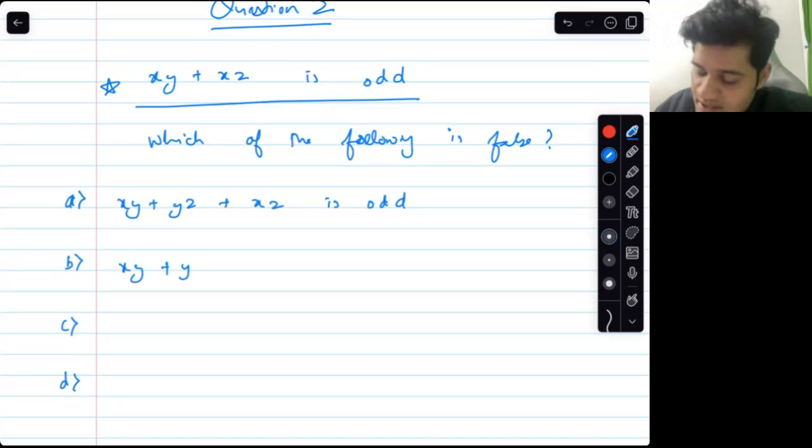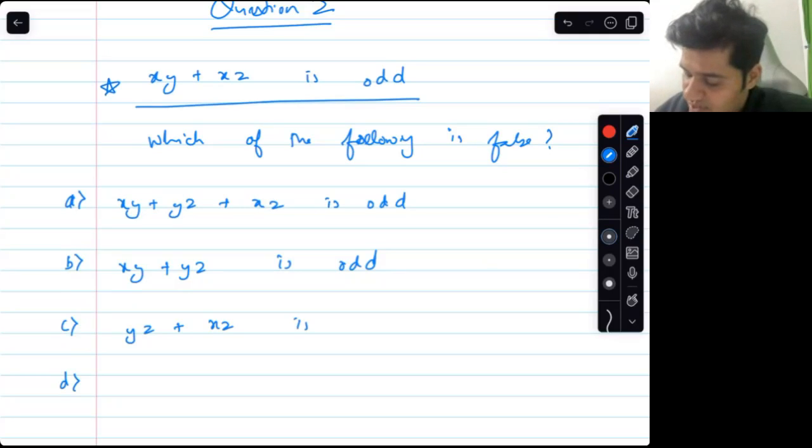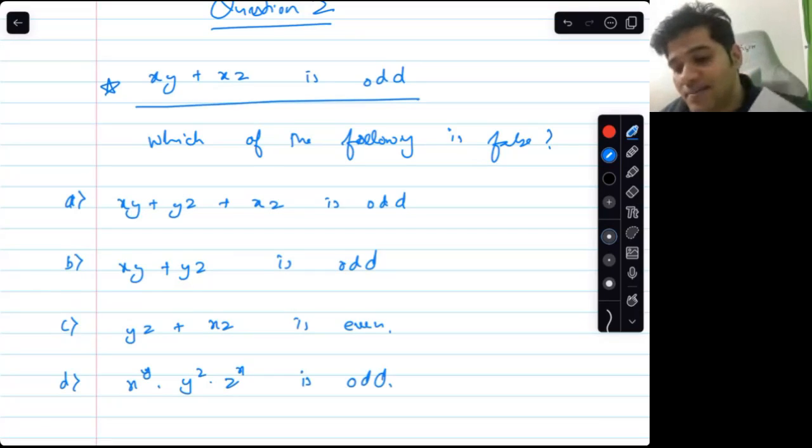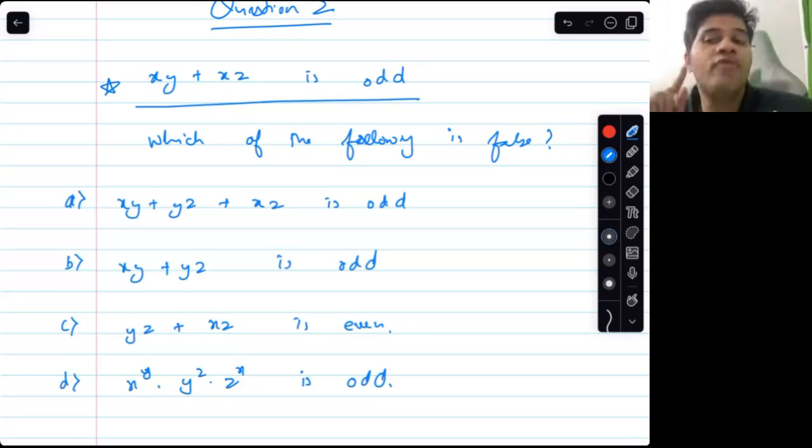Xy plus yz is odd. You have to tell me which one is false. The next one is yz plus xz is even. And the last one is x raised to power y raised to power z raised to power x is odd. So you can give me the answer, but you have to give me the answer only in private chat, and you also have to share the reason of your answer.